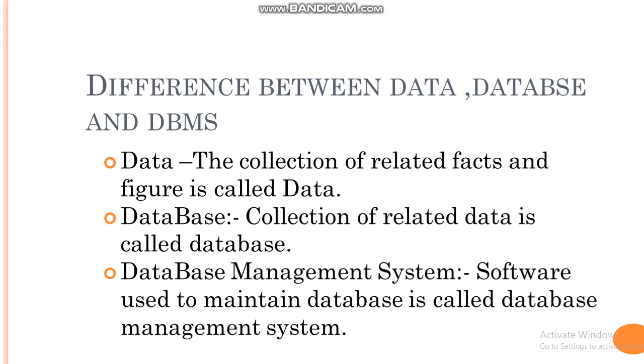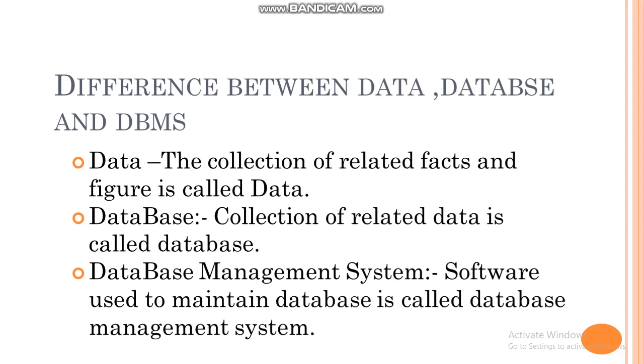Now here we can see there are some differences between a database and DBMS. Data, I told you, is a collection of related facts and figures. Suppose we have a table, and the table name is student. We can take the table name as the entity, and we can take the attributes.